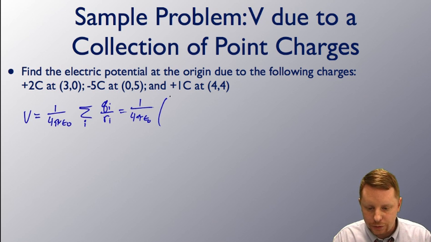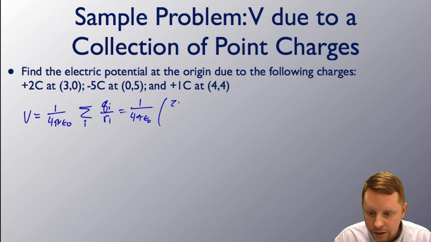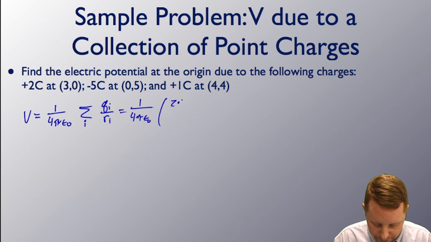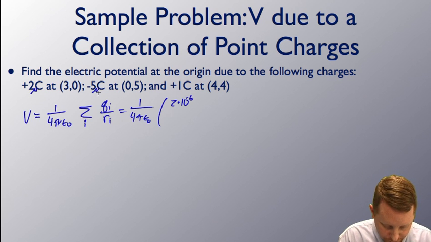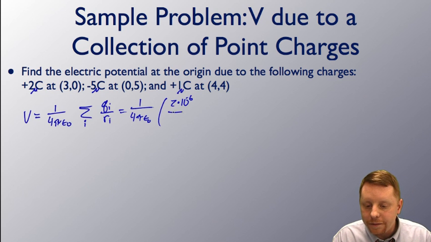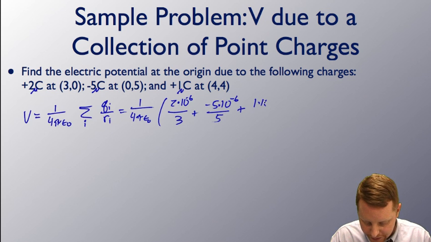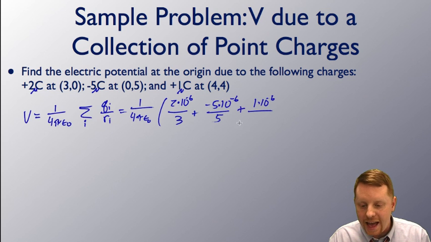Our 2 coulomb charge is going to be 2 times, I suppose these should have been microcoulombs, 2 times 10 to the minus 6, let's make those all microcoulombs, divided by 3, plus negative 5 times 10 to the minus 6, and its distance is 5, plus we have 1 times 10 to the minus 6, making these all microcoulombs again, at a distance.